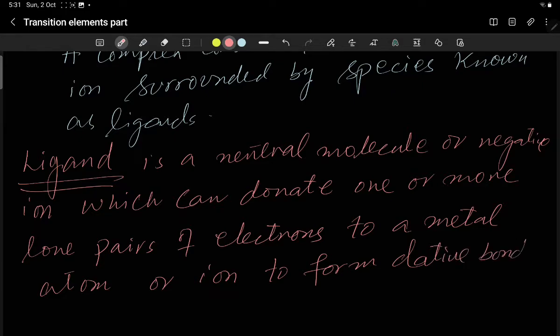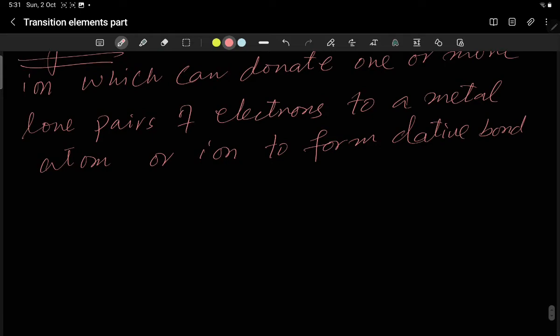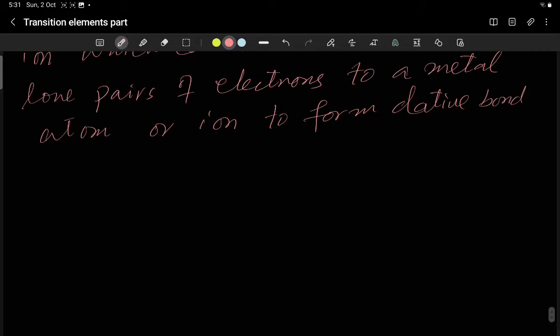We have discussed the dative bond in AS. You know very well about the dative bond.